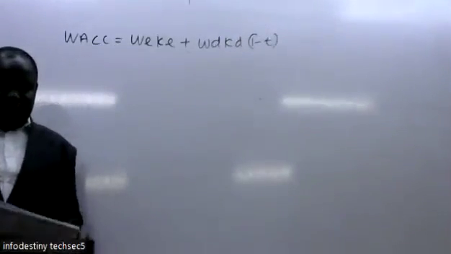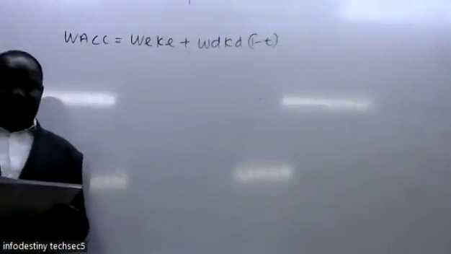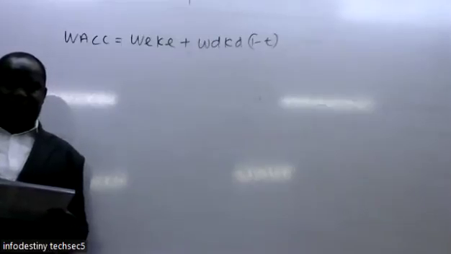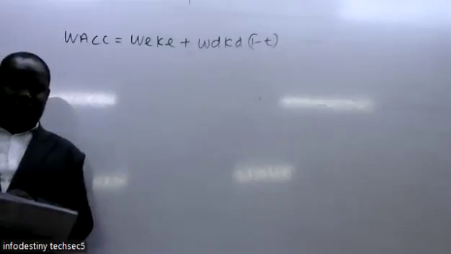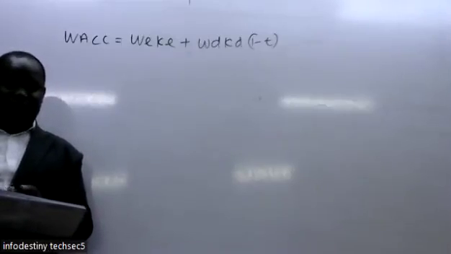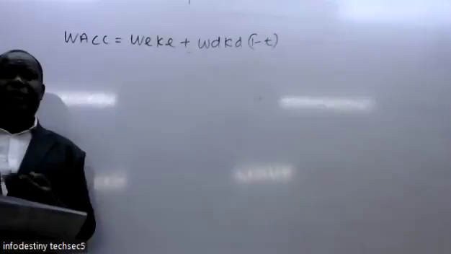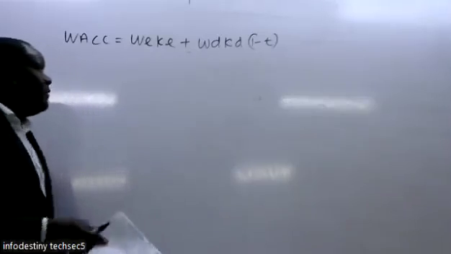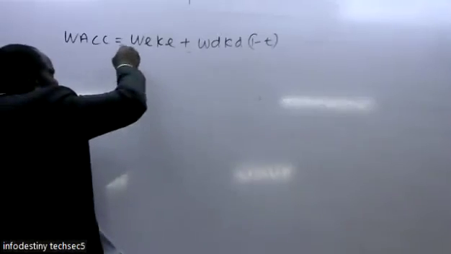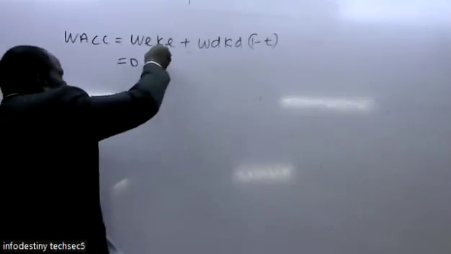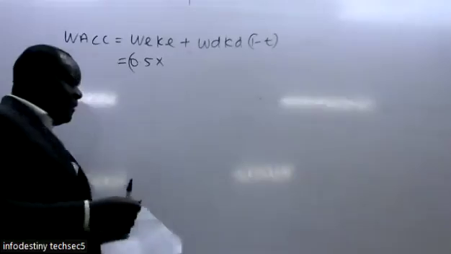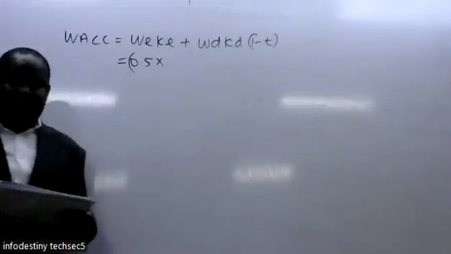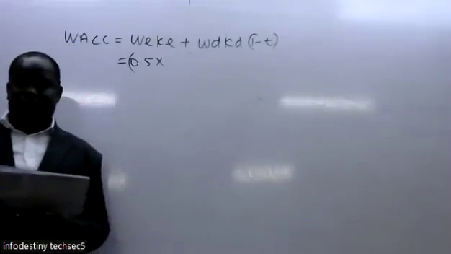Those proportions are already given in that last paragraph, where they said that the company's optimal capital structure is 50% debt, which means equity is also 50% because there are only two items. So the weight of equity is 50%, which is 0.5. In the same sentence they gave you the cost of debt and the cost of equity.